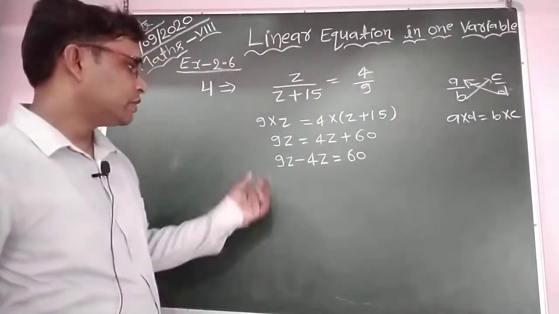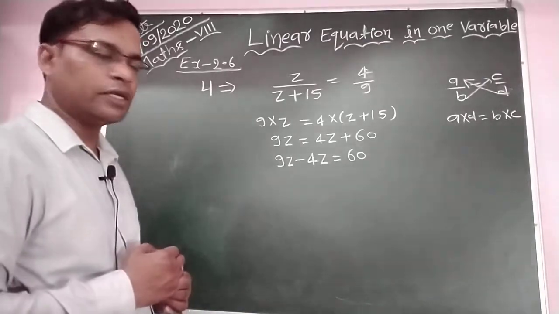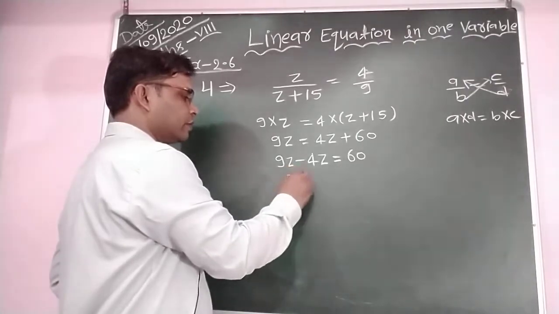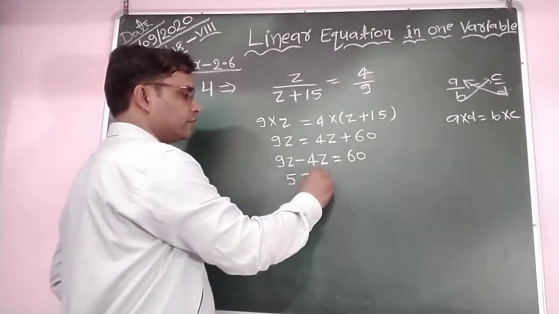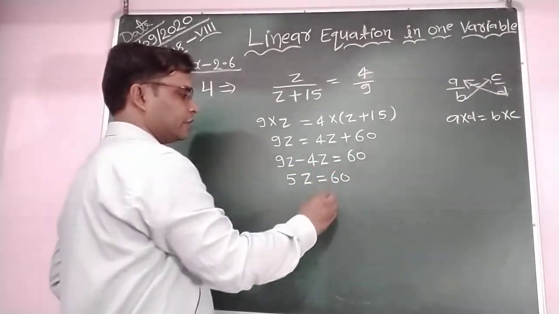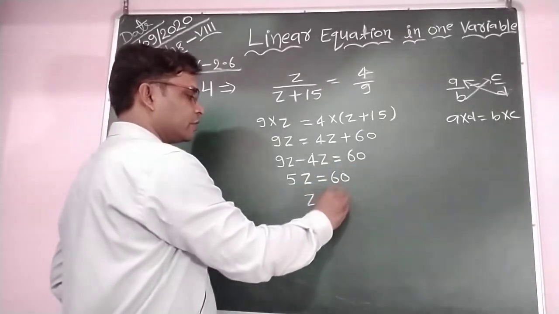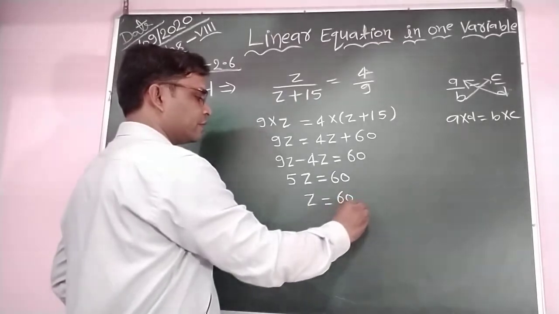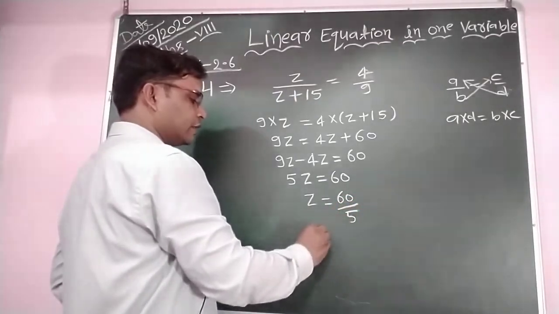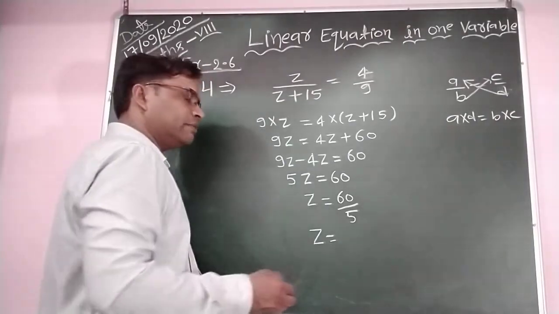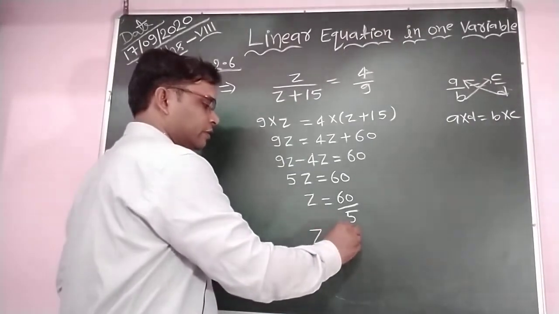Okay, so if you subtract 4z from 9z, then you have 5z. This is equal to 5z is equal to 60, or you can say z is equal to 60 by 5, or if you divide 60 by 5, then we have 12.